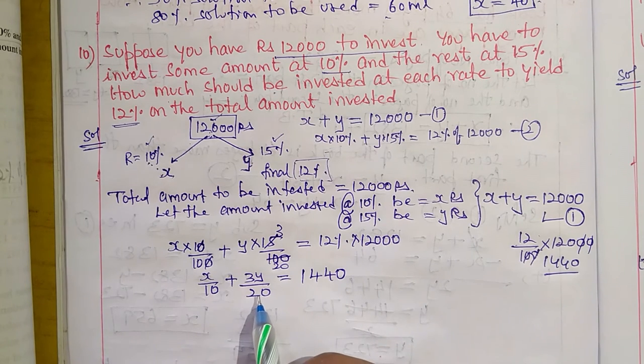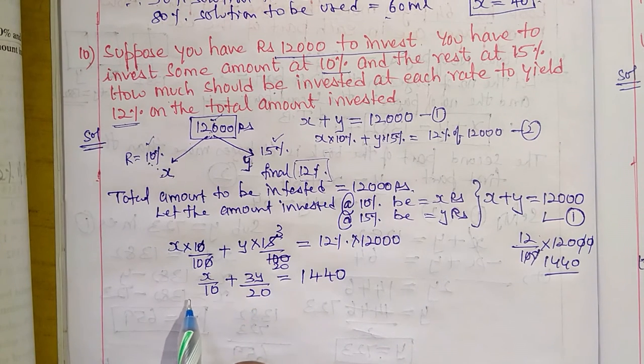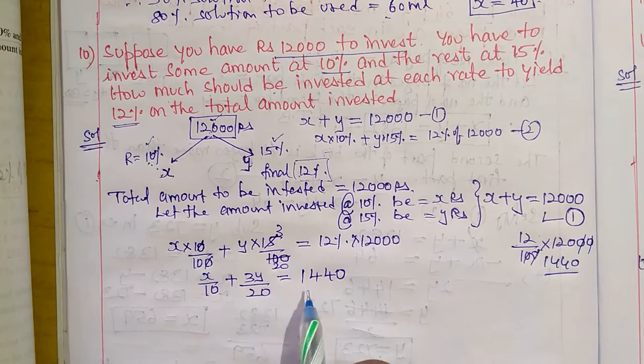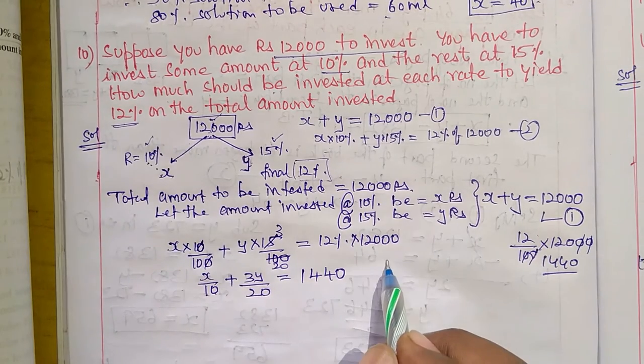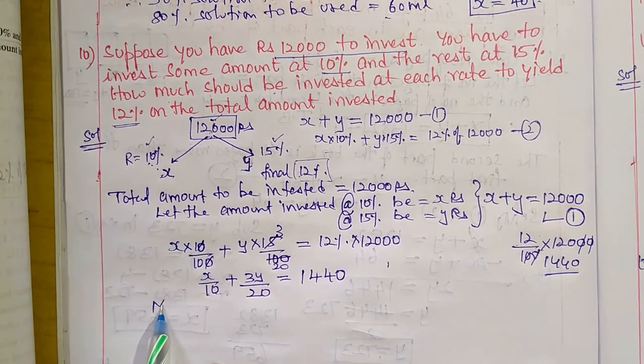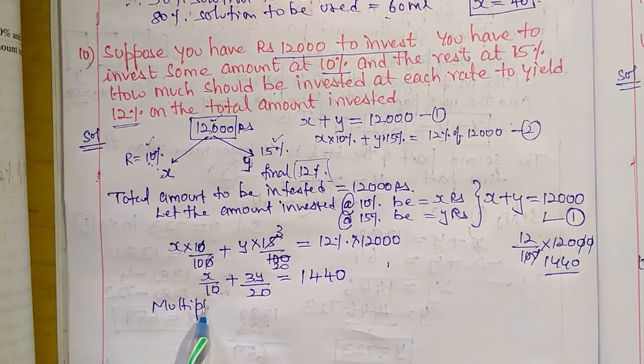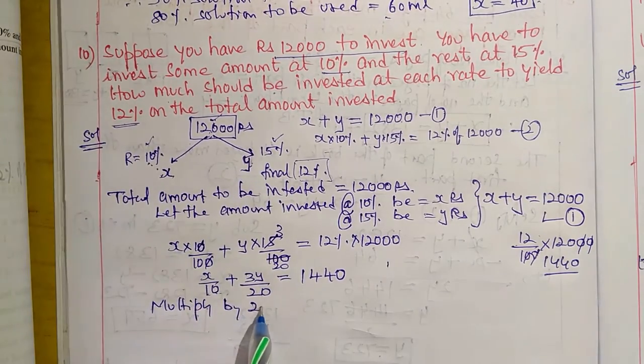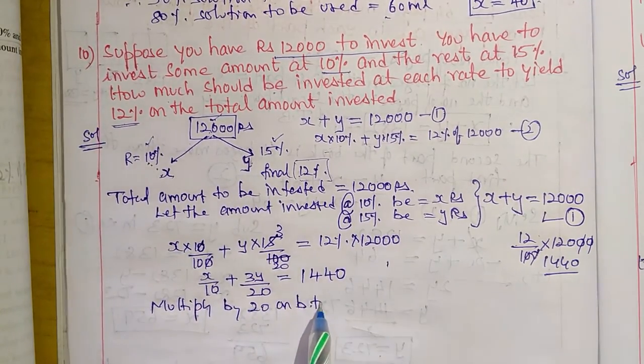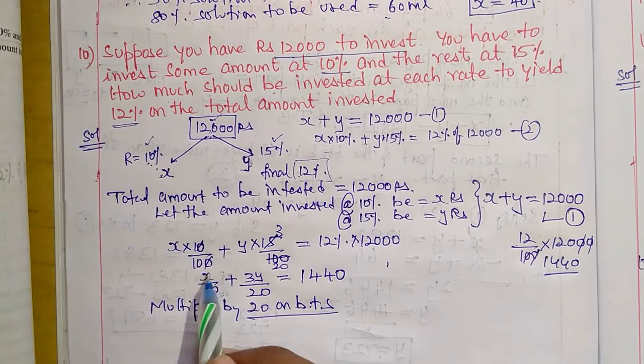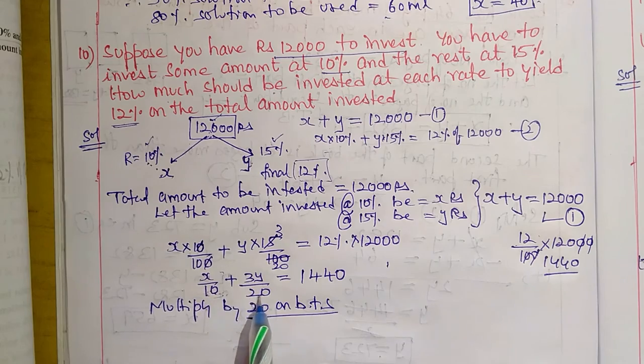Now I will multiply by 20. What is the LCM for 10 and 20? The LCM is 20. So multiply by 20 on both sides. Why am I multiplying by 20 on both sides? To eliminate the fraction here. Denominator 10 is there, here denominator 20 is there.